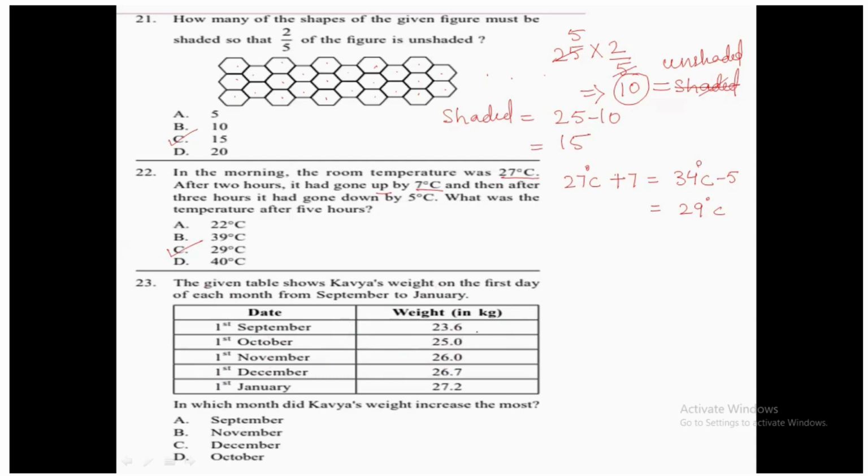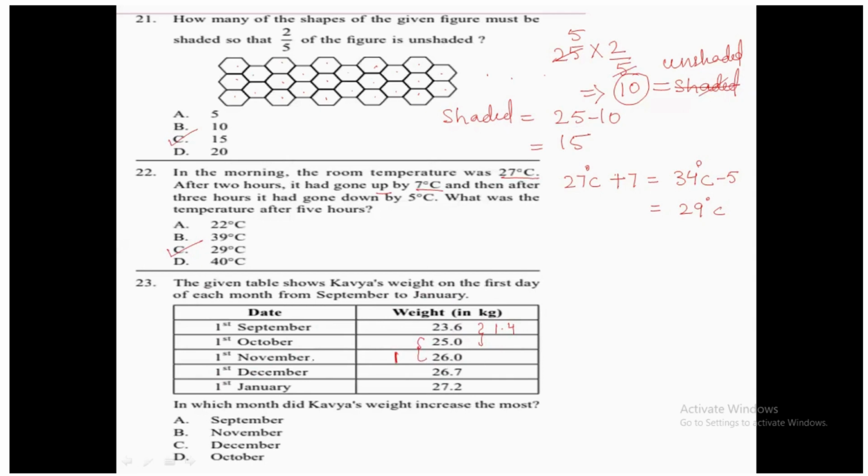Subtracting 23.6 from 25, we get 1.4. Now her weight on 1st October is 25, and on 1st November it is 26. Subtracting, we get 1.